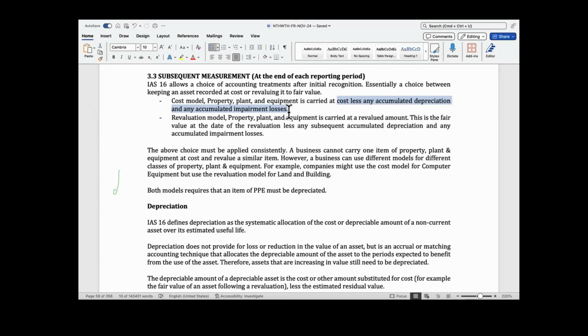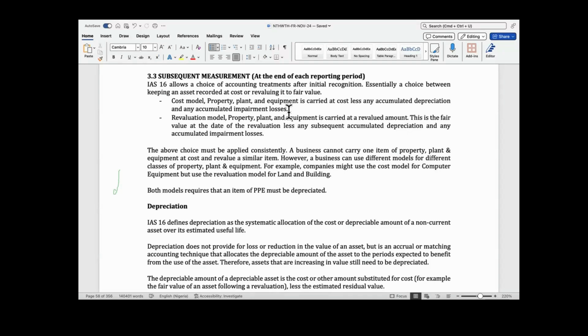You don't need stories. And usually, cost model will result in something we call carrying amount. So by the time you do your costs, less accumulated depreciation, less accumulated impairment losses, the resulting figure, we call it carrying amount.